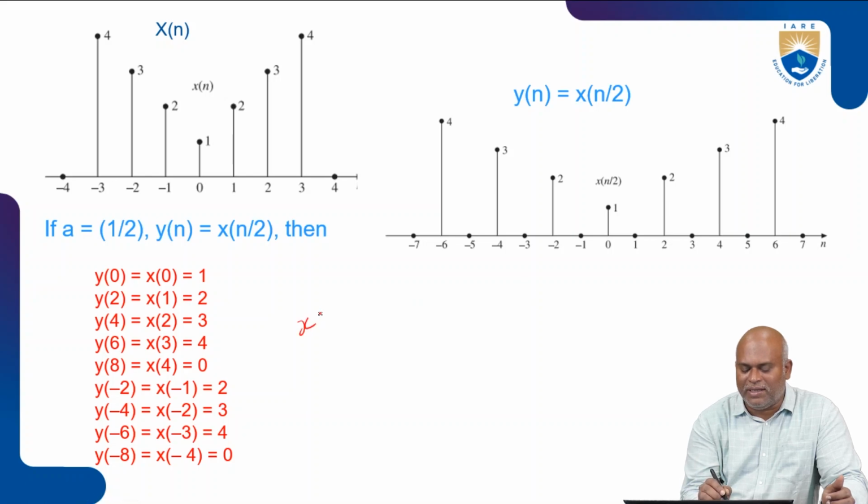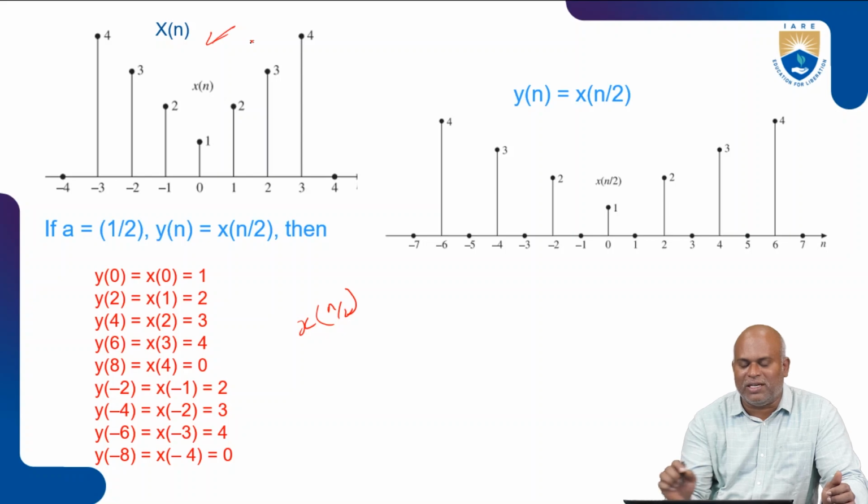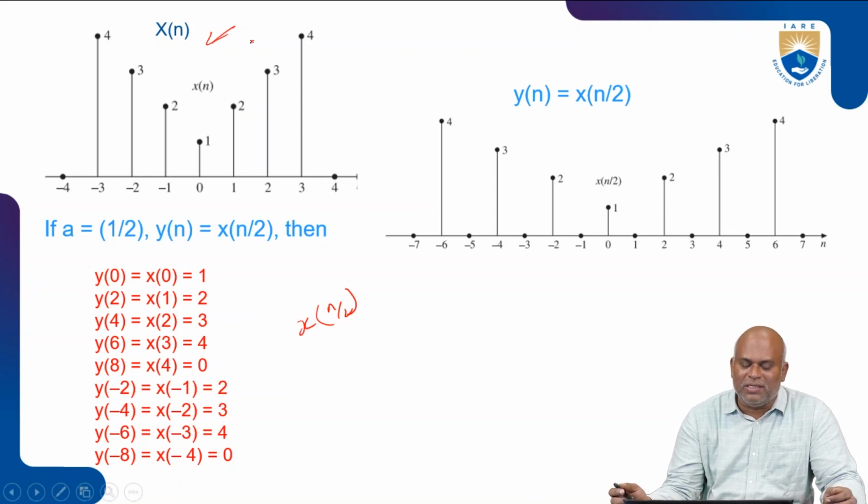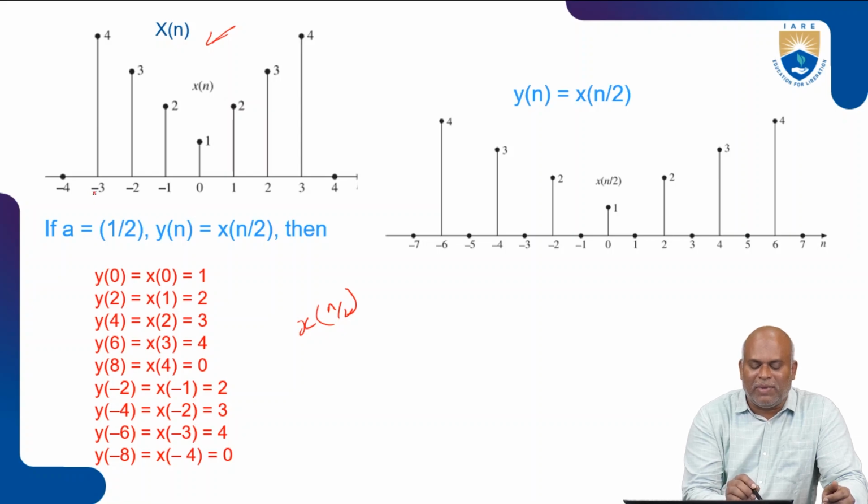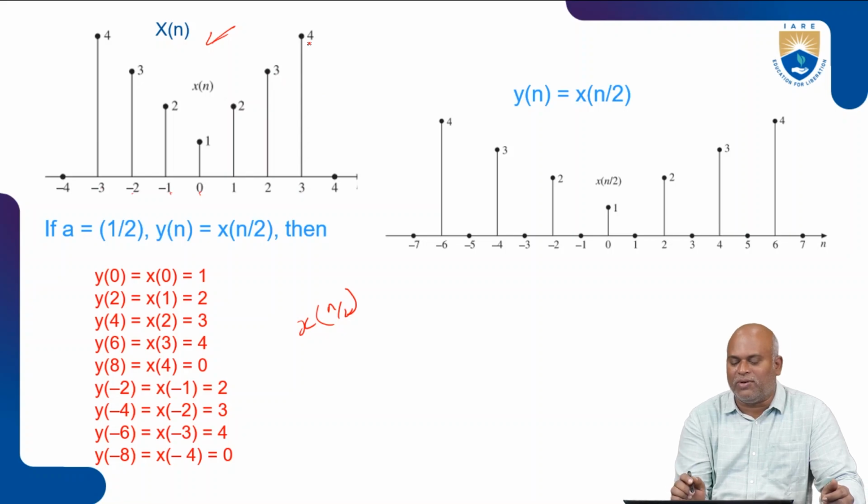The same input as discussed previously, I take here as x of n: at minus 3 interval, the amplitude is equal to 4. Minus 2 interval, amplitude is 3. Minus 1 interval, 2. 0 interval, 1. 1, 2. 2, amplitude is 3. 3, amplitude is 4.